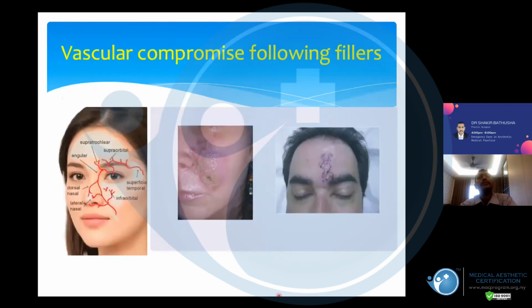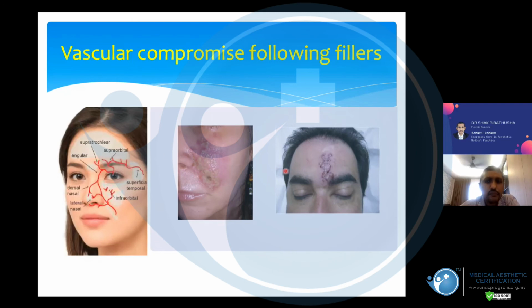As I mentioned, vascular compromise is the most dreaded complication. As we know, the face is a very vascularized organ in your body, and it has many small blood vessels. Inadvertent injection into this vascular component can cause thrombosis of the end arteries which supply the dorsum of the nose, the tip of the nose, the columella, or sometimes the glabellar region and the eyelid.